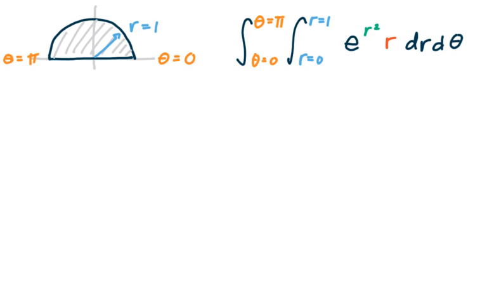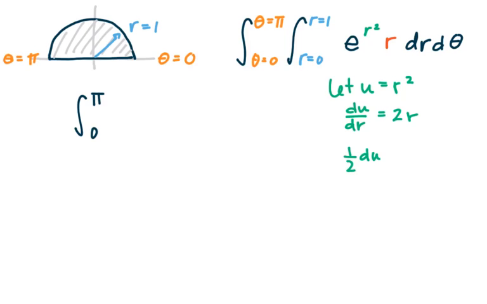Now let's evaluate this. So I've got 0 to pi. If I'm going to do my u substitution, I'm going to say, well, let u equal r squared. That means du dr is 2r, or rather 1/2 du is r dr. So I see that r dr, I can turn this into u.